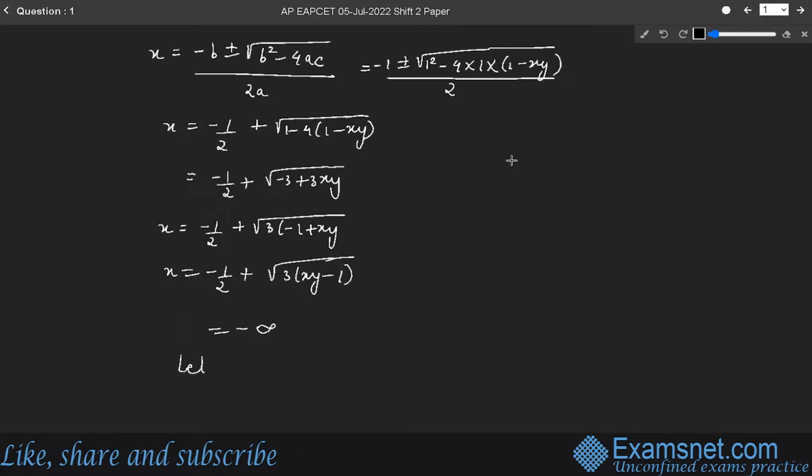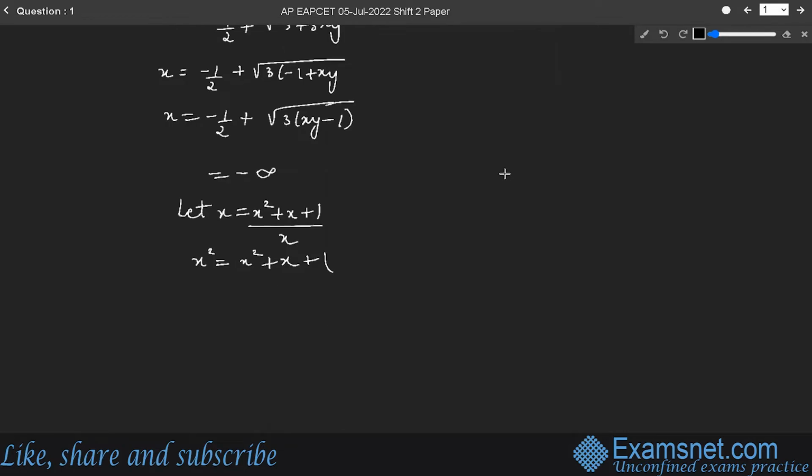Now let x is equal to x square plus x plus 1 divided by x. So on cross multiplying, it will be x square is equal to x square plus x plus 1. Therefore, x square and x square will be cancelled. So x plus 1 will be equal to 0. X will be equal to minus 1. So the range will be minus infinity to minus 1.